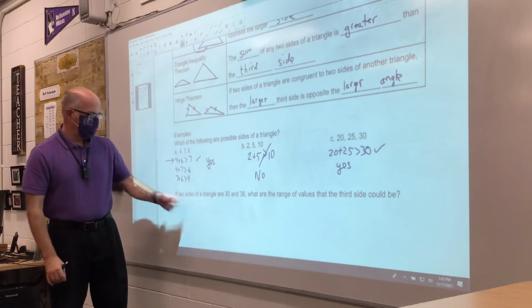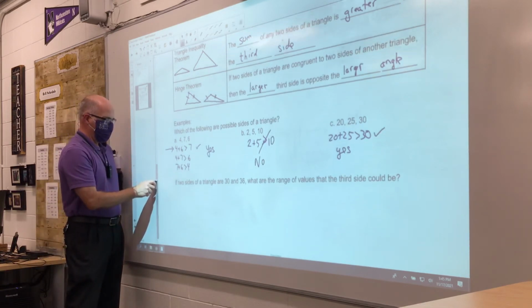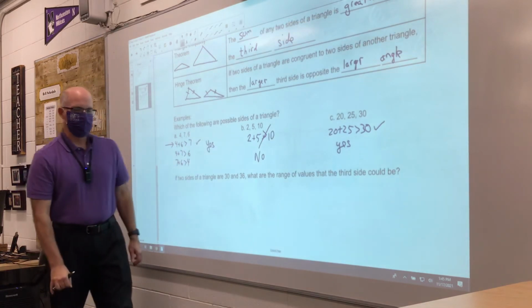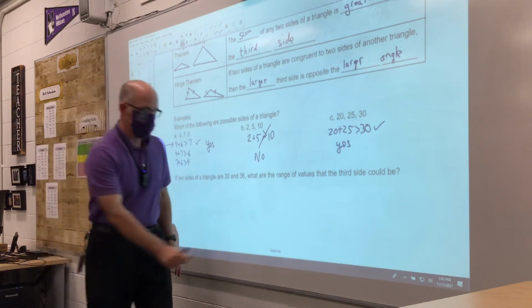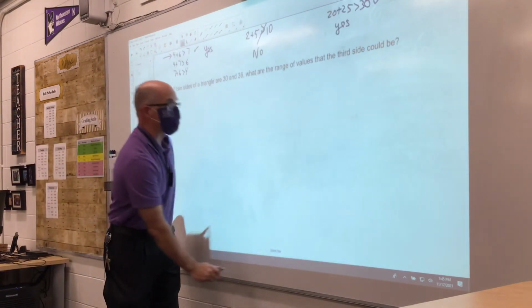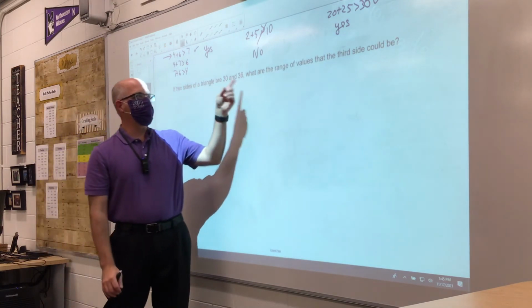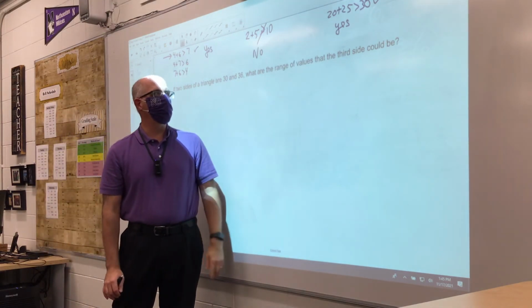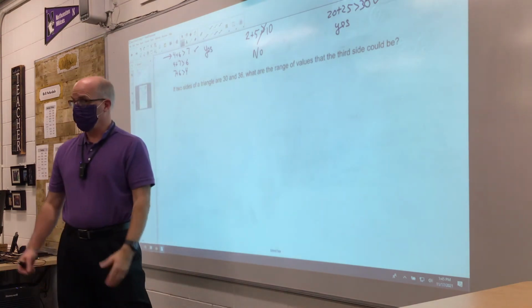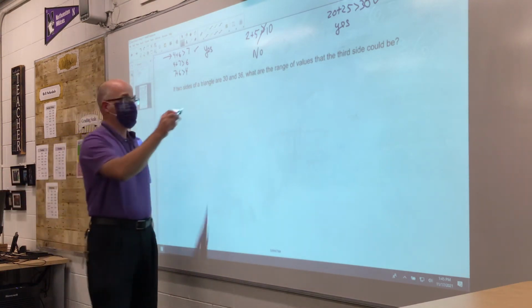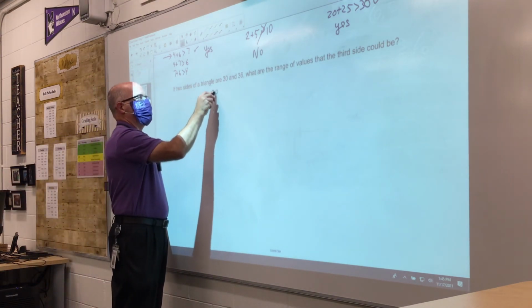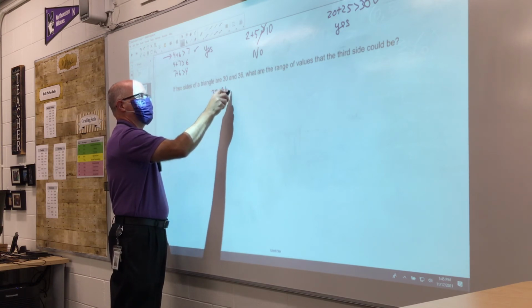All right, let's do this last one here. This one can be the most confusing, so let's make sure we organize our work. It says if we have two sides of a triangle that are 30 and 36, what range of values could the third side be? We don't know the third side, so let's say our three sides are 30, 36, and x.